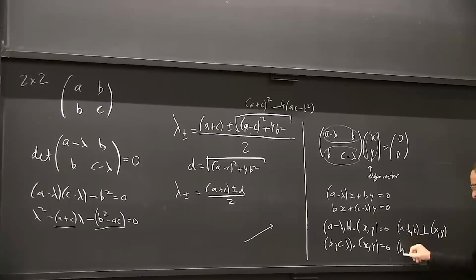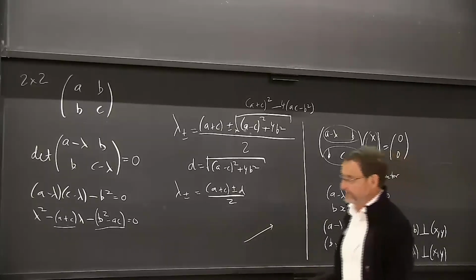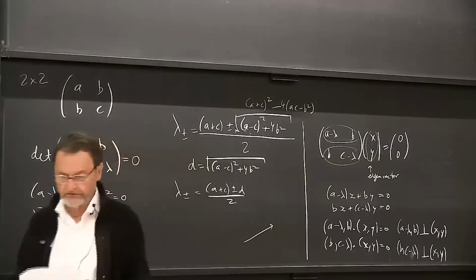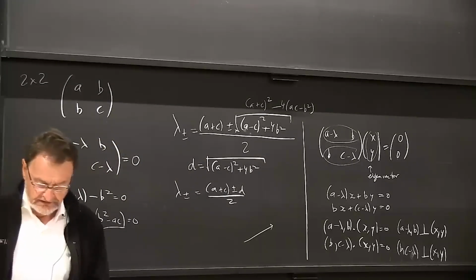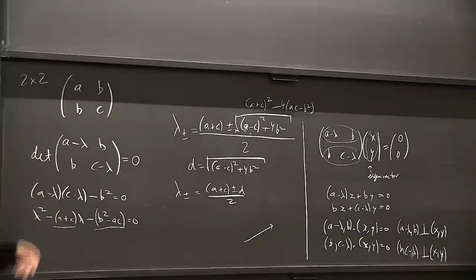And by the way, B and C minus lambda is also perpendicular to x and y. So in solving these homogeneous equations, I can note that basically I'm saying that the solution is perpendicular to the rows.